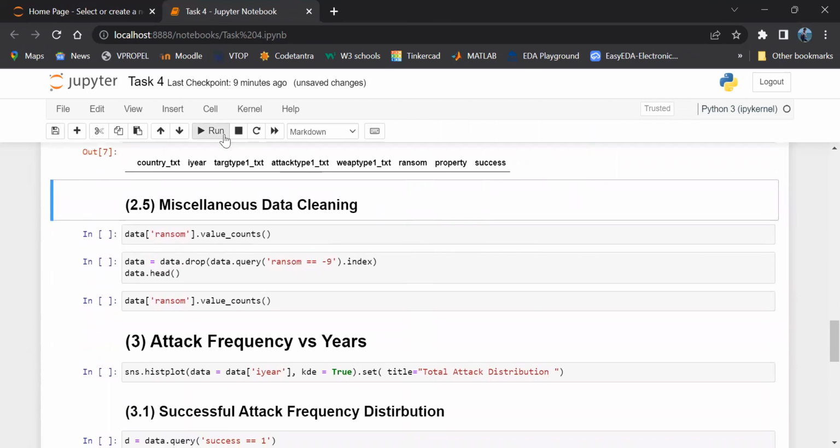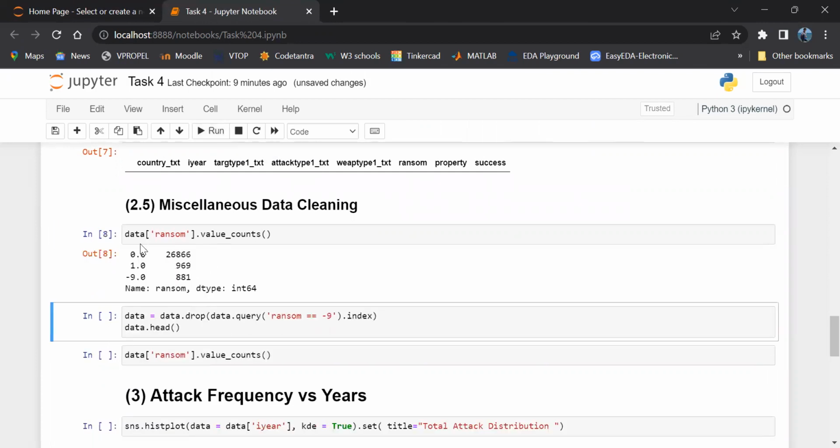Now let's see if any other data cleaning is necessary. In this case, I found one column called ransom, which shows whether a ransom was taken in an attack or not. So 0 represents no ransom, 1 represents there was a ransom. But I think there is no meaning for -9.